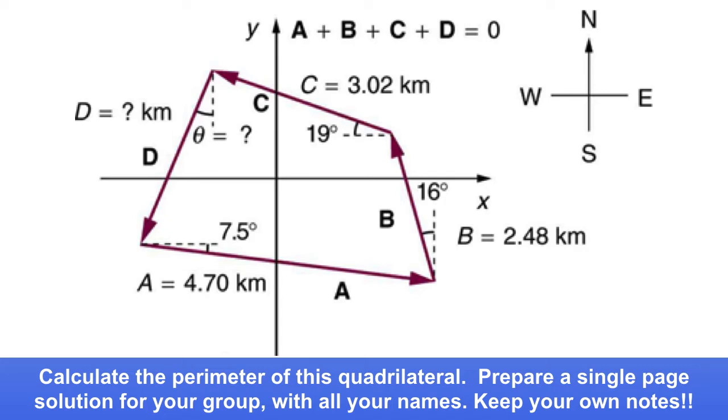Calculate the perimeter of the quadrilateral. So you've got to do this task of figuring out vector D, and then figure out the perimeter. That's not too bodacious. Prepare the solution. When you and your group are confident, prepare a solution on one page, one side, with your three names at the top, and hand that in before we dismiss today.